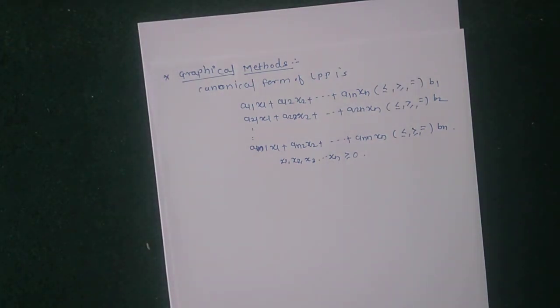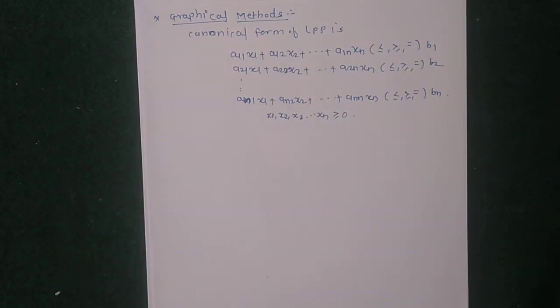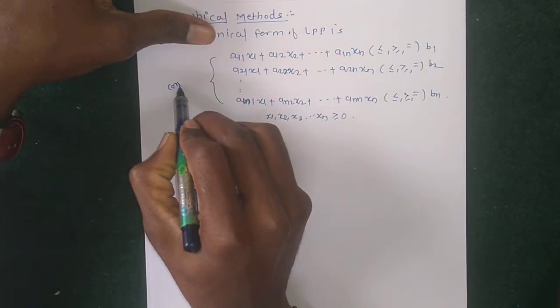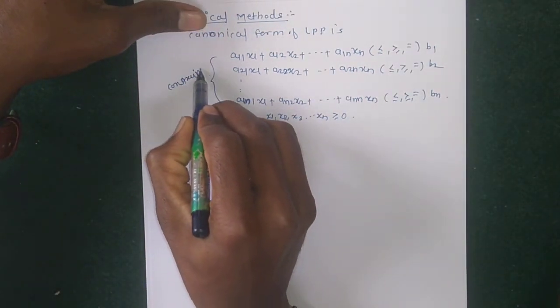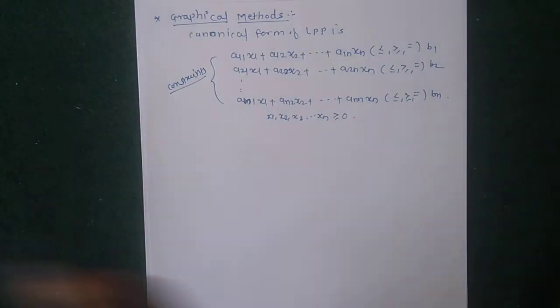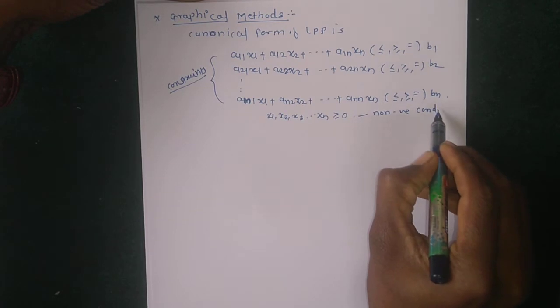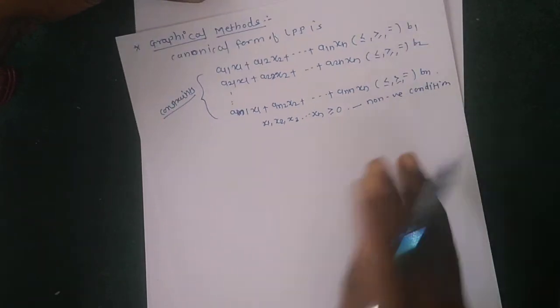These are all constraints, and this is the non-negativity condition.